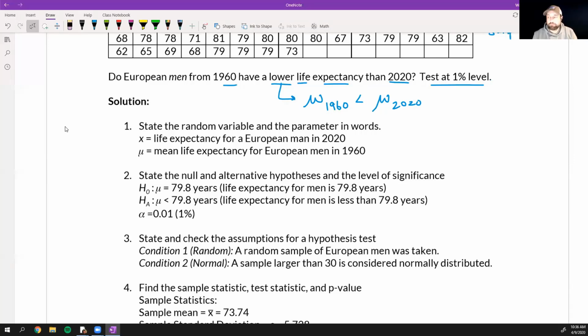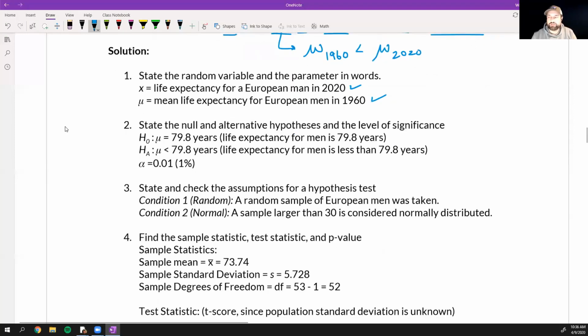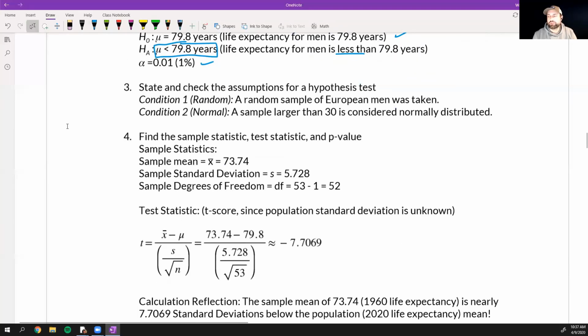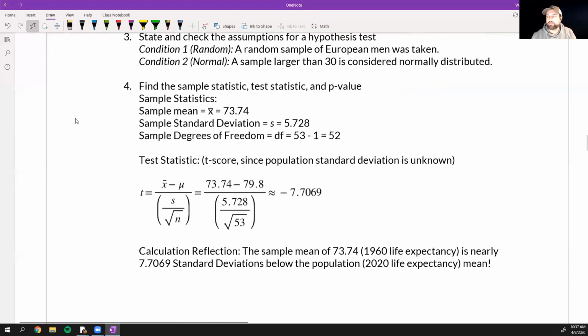Less than. So here we go. Life expectancy is that and that. Here's our null hypothesis. And our alternative hypothesis is we think that it's less than, right? The life expectancy is less than. And we're checking at the 1% level. So here's some information.